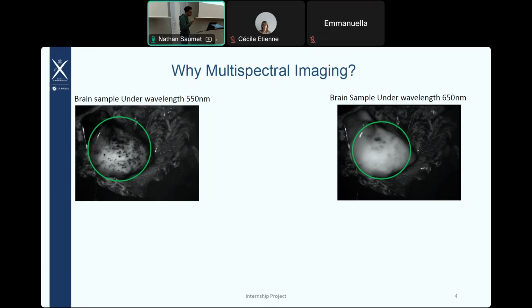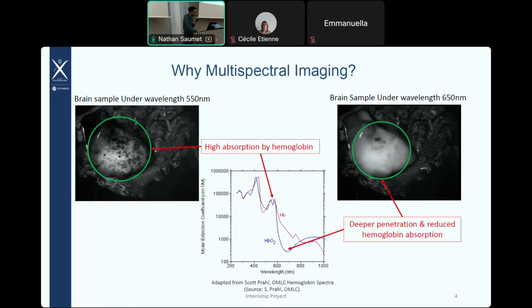And in this green circle, you can clearly see a difference in the sample at the different wavelengths. There is a lot of hidden information, so we have to see the sample at multiple wavelengths to clearly judge it. Why does this happen? Because there is a lot of blood in each part of the human body, which absorbs the light at different wavelengths, and it causes artifacts in the sample images.